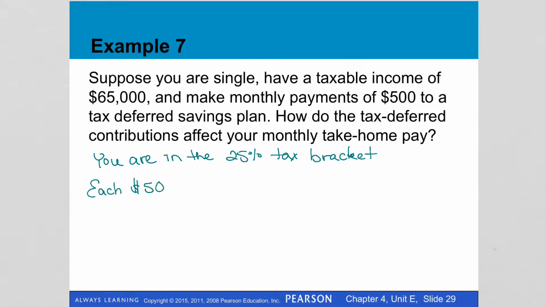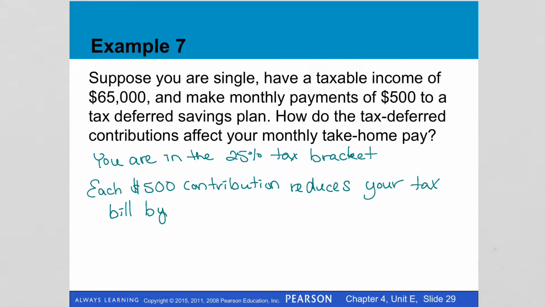Each $500 contribution then reduces your tax bill by 25% of that, 25% of $500, or $125.